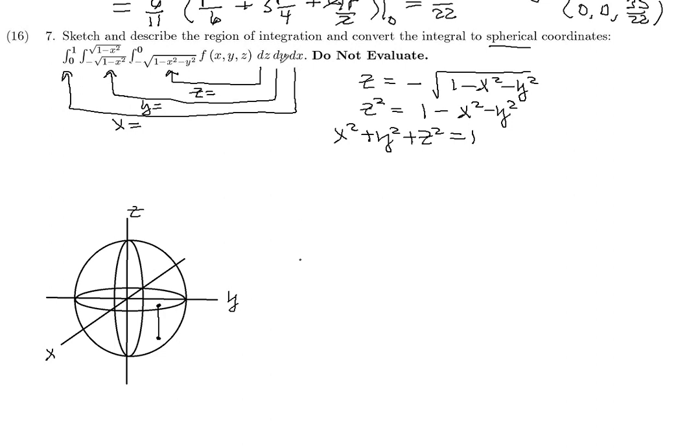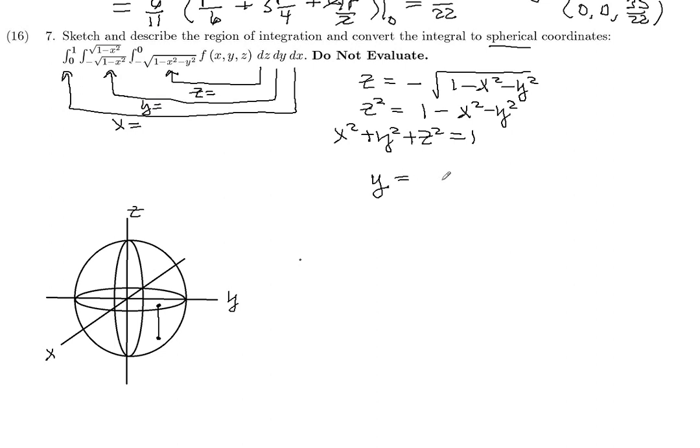Okay, well, let's look at the region in the xy plane. So it's going to go from y equals negative root 1 minus x squared to positive root 1 minus x squared.